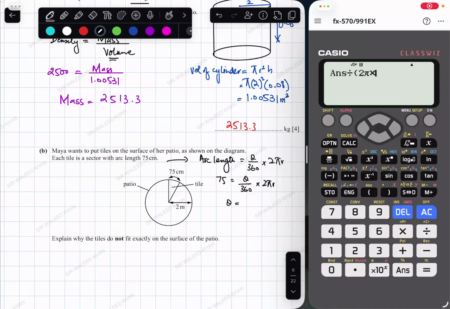What is r? Yes. See, they haven't mentioned the radius. What they have done over here is they have given you this 2 meters in the part above over there.